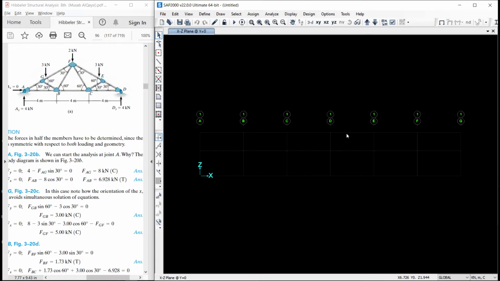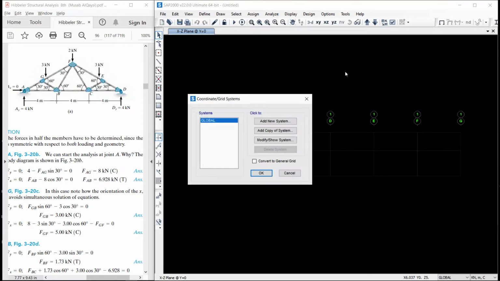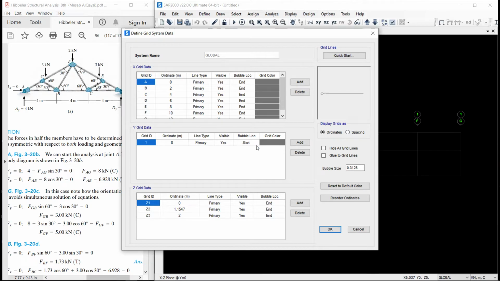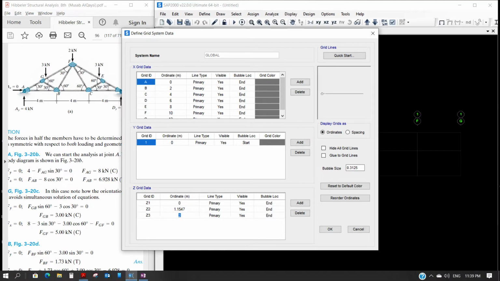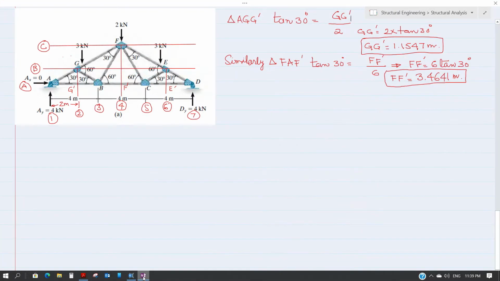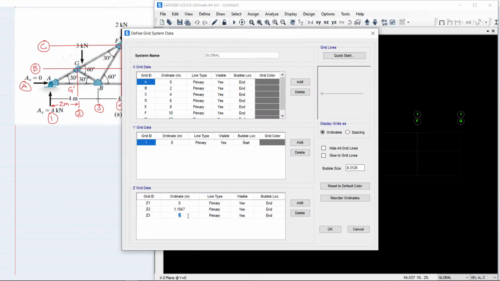So something wrong. This was 3.4641, so it was 3.4641.